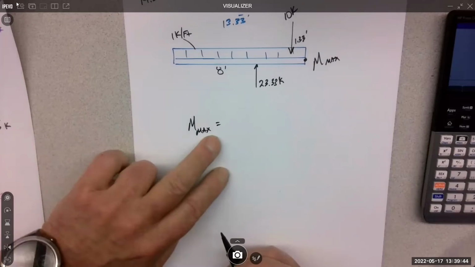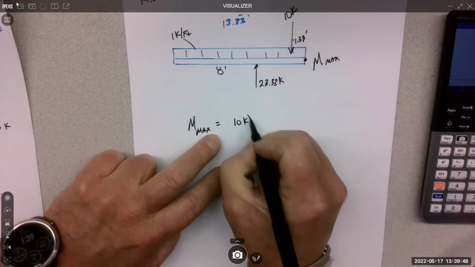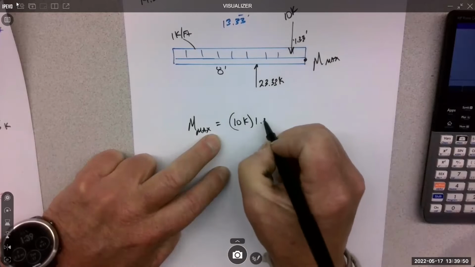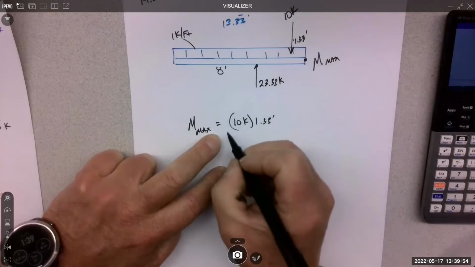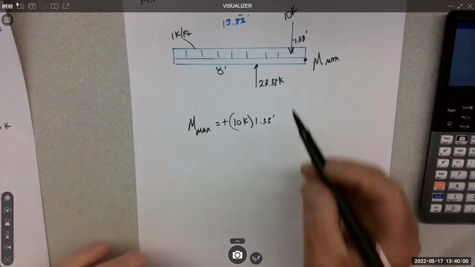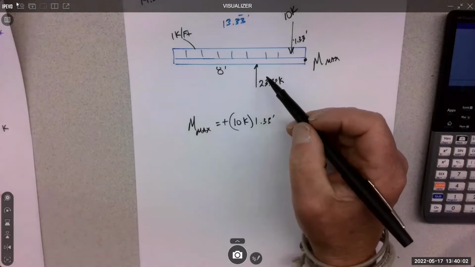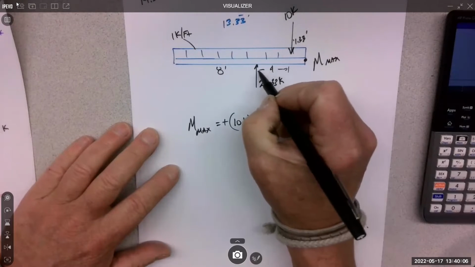It's going to equal, and I'm just going to write them out. It's going to be 10 kips times 1.33 feet. And that looks like it's a counterclockwise moment. So that's positive. And then we have 23.33, and I think it's 4 feet between, right? 4 feet between here and here.